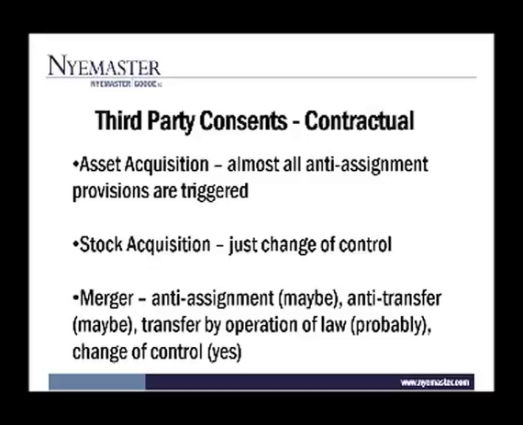In a stock acquisition, you only have to worry about change of control provisions. Those can be pretty narrowly construed, so unless it really is the obligation of the seller or the target company to get a consent when the owners of that company are changing, you're not going to need a consent for a stock acquisition.